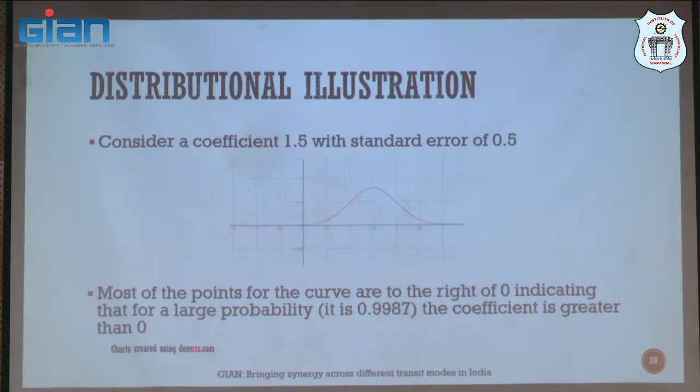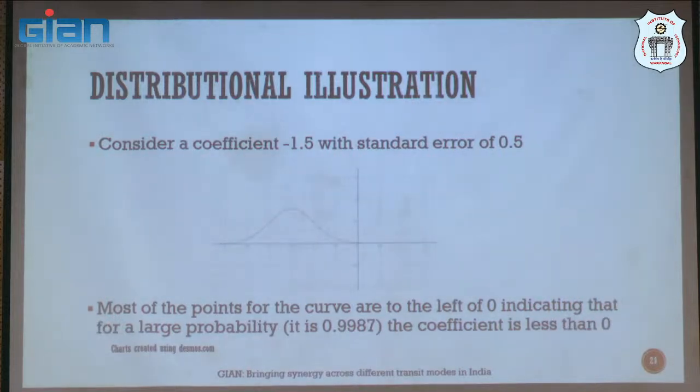It's actually 99.8% of the curve to the right of 0. This is a good variable for us, because it tells you the coefficient is very likely to be positive. If I want a confidence band of 90%, I can clearly say 90% of the time this coefficient is to the right of 0. So this is a positive coefficient and a significant coefficient.